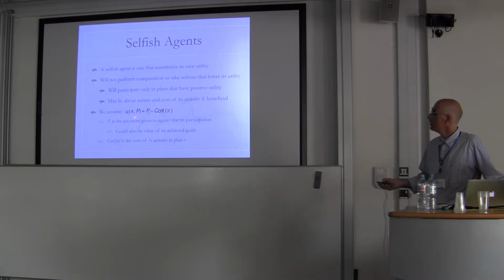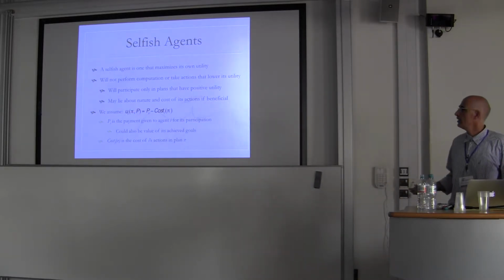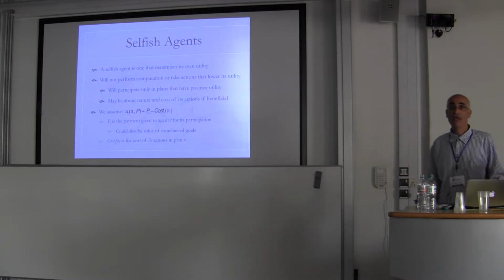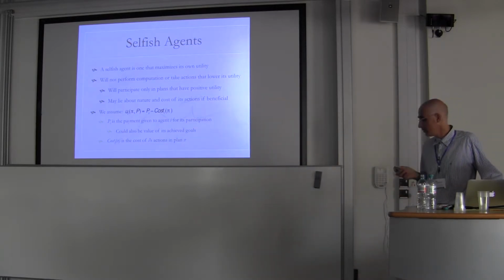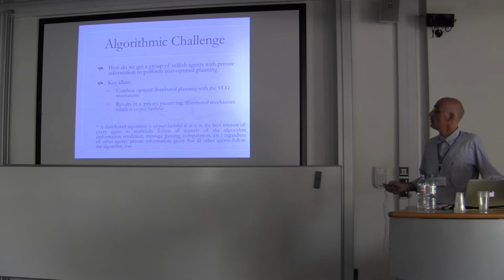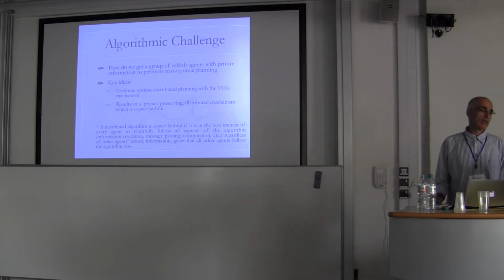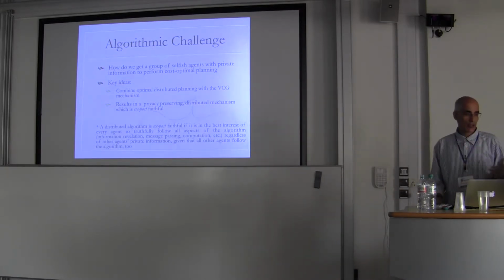Okay, pi is a plan, and p is called the payment scheme, which is basically how much each agent gets. Again, it could be the value of the goals to each of the agents, and it could be some actual payment that we'll see soon. So what's the problem? The problem is to get a group of agents that are selfish.